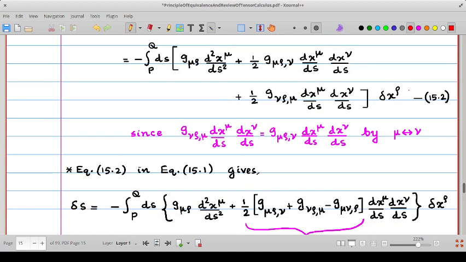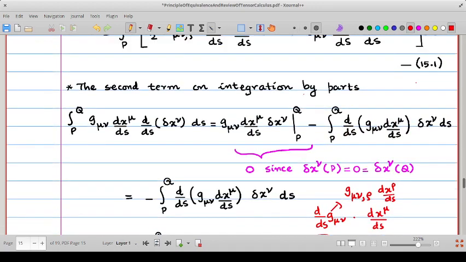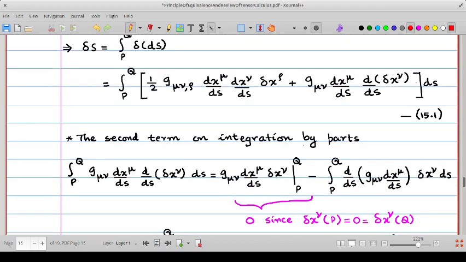Now I can use this expression 15.2 and place this in this equation. So whatever we have been doing corresponding to this is actually this term. So we add to that term this part.